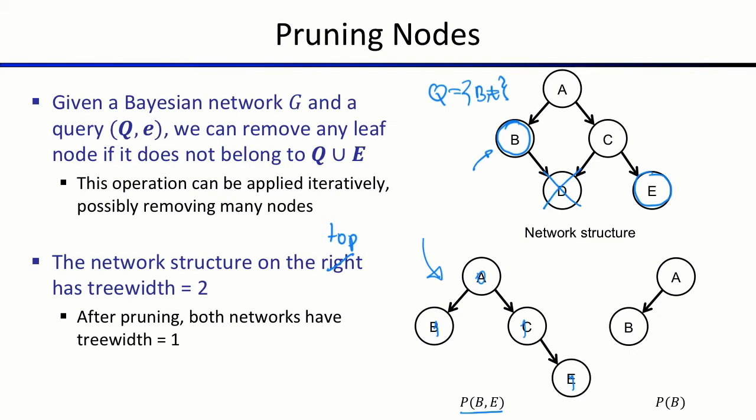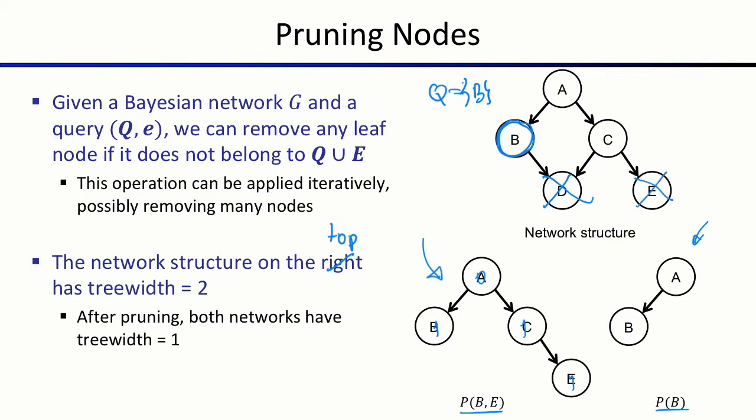Another example is that we are interested in the query that has only the variable B. So the query is just B, and this is going to be the second case here. In this case, this is the only node that belongs to the query. We have 2 nodes that we can prune. So we start by pruning D. Okay. Now we prune E. That's fine.